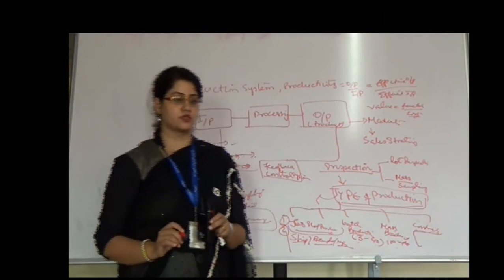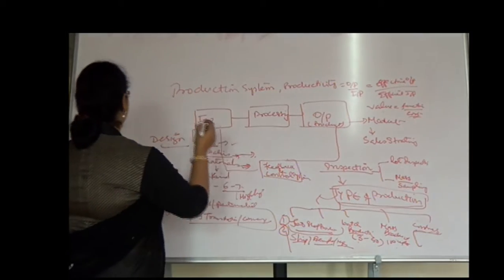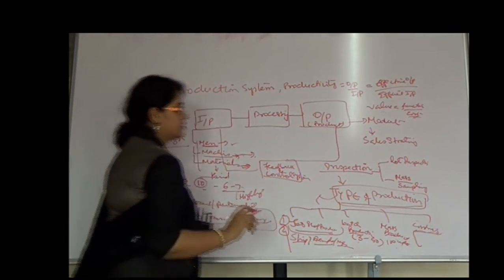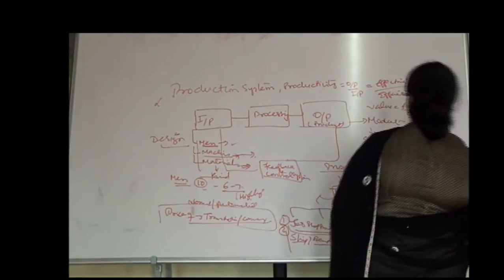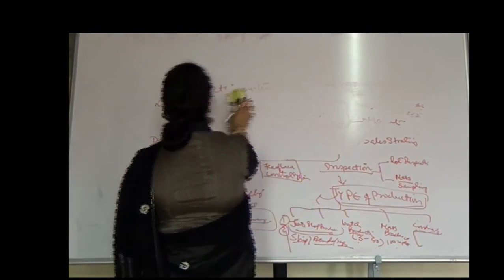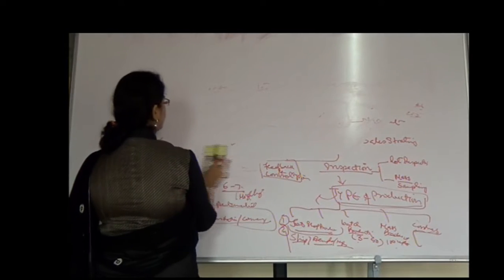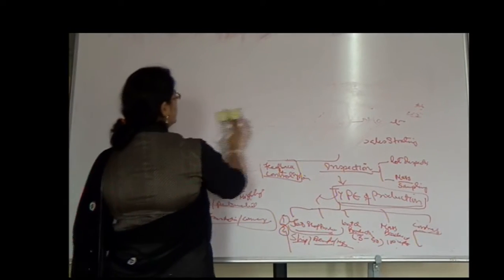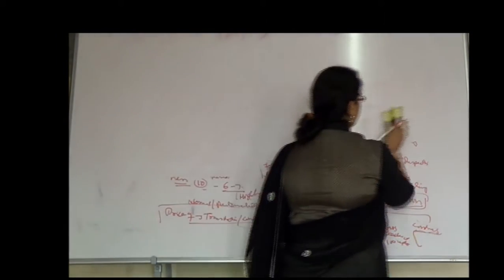So based on these productions, job shop, batch, mass and continuous, you have the types of layouts. What is a layout? Suppose we are standing in this room, so this is the layout of this room, or we are on the first floor, second floor, third floor.